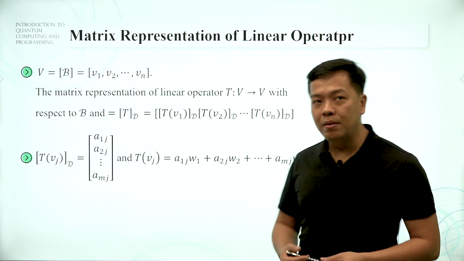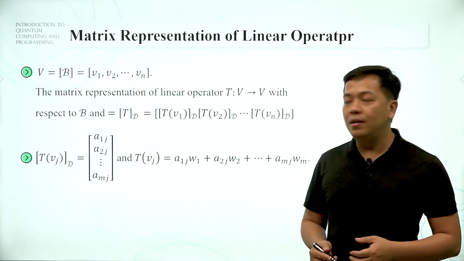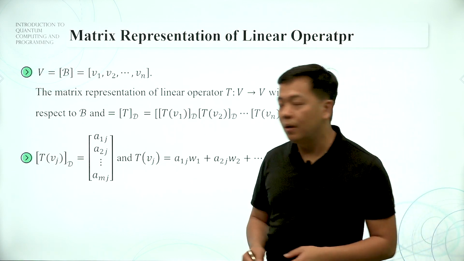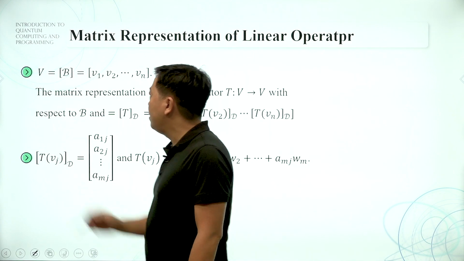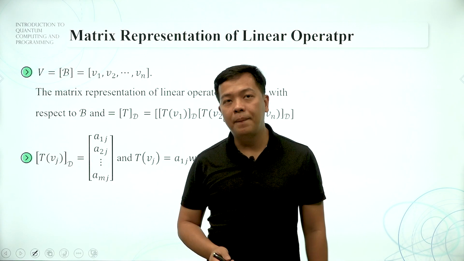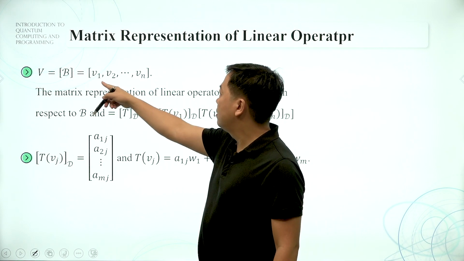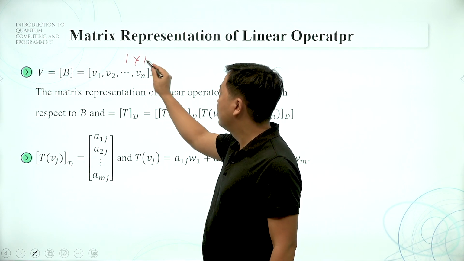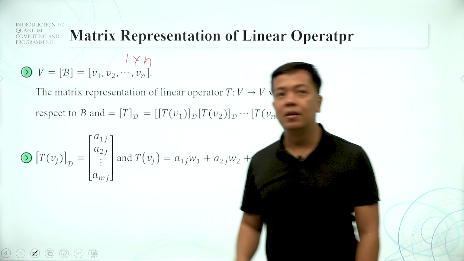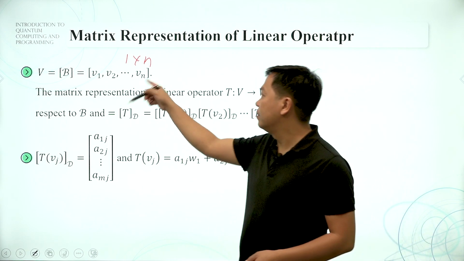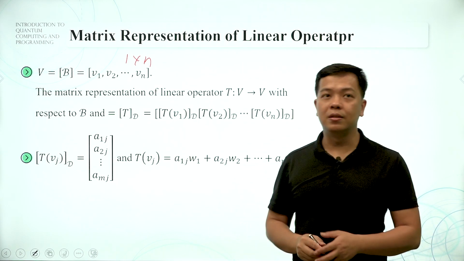Remember the last time, we have a vector v and we have a basis, right? Vector v includes n elements, so we have n columns.